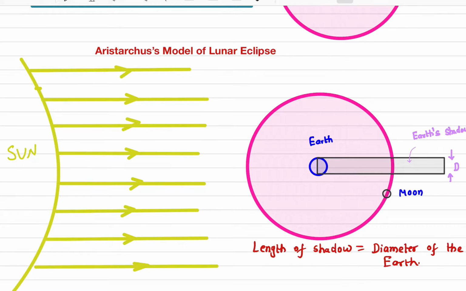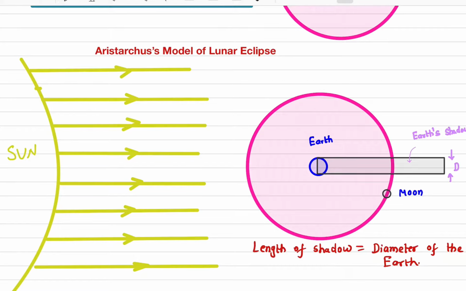The lunar eclipse occurs when the moon moves into the Earth's shadow, and this can occur only when the sun, the Earth, and the moon are exactly aligned. Let me explain this. Here is the sun, here is the Earth, and this is the moon. The sun is shining light onto the Earth, so this side will be completely dark, and as the moon enters into this shadow region, the lunar eclipse occurs.